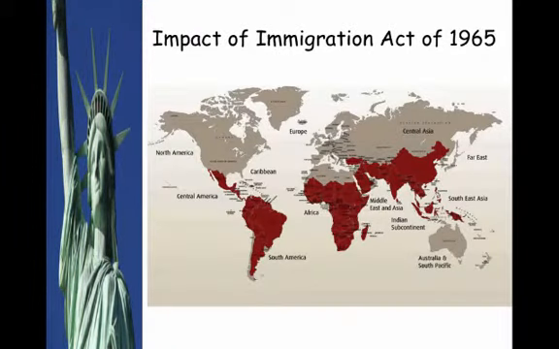Here's the impact of the Immigration Act of 1965. By abolishing the quota system, by removing the bans that existed in the 1920s on specific countries, immigration fundamentally changes. Europeans stop immigrating to America. What ends up happening, though, once these restrictions are lifted, is people from the third world, from developing countries, begin to come to America.